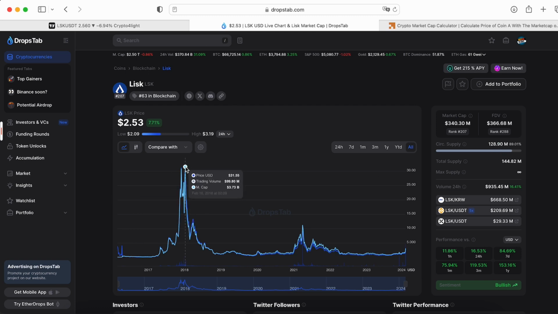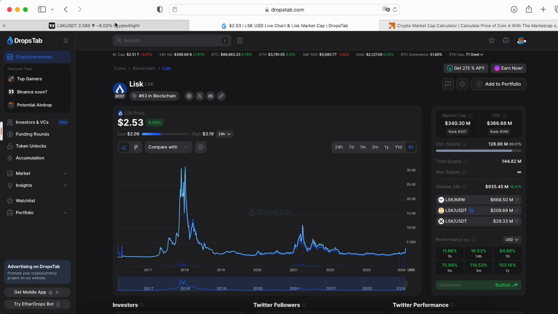The highest point of the market cap was 3.7 billion, and the price at that time on Gate.io, what we saw on the chart, was $31. But the market cap at the end of the previous bull run was only 1.3 billion. So it's kind of a big difference, right? That's why we always have to work with realistic price numbers, because not every single coin beats the previous all-time high. It's just a myth.